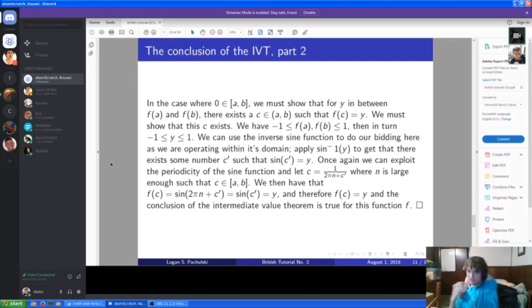Because since c is a fraction, we can increase the size of the denominator enough that it will be small enough that it is in AB. We're assuming that in this case, our AB includes 0, so it's probably the case of small enough.